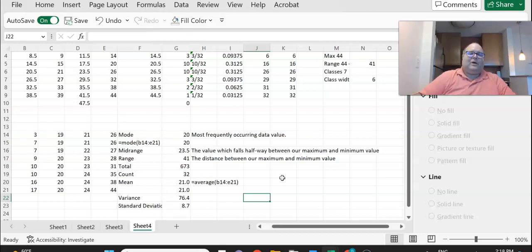And there is a relationship that about 68% of our data is within one standard deviation of our mean, which means more than 2/3. Within 2 standard deviations above and below our mean, we have approximately 95% of our data.